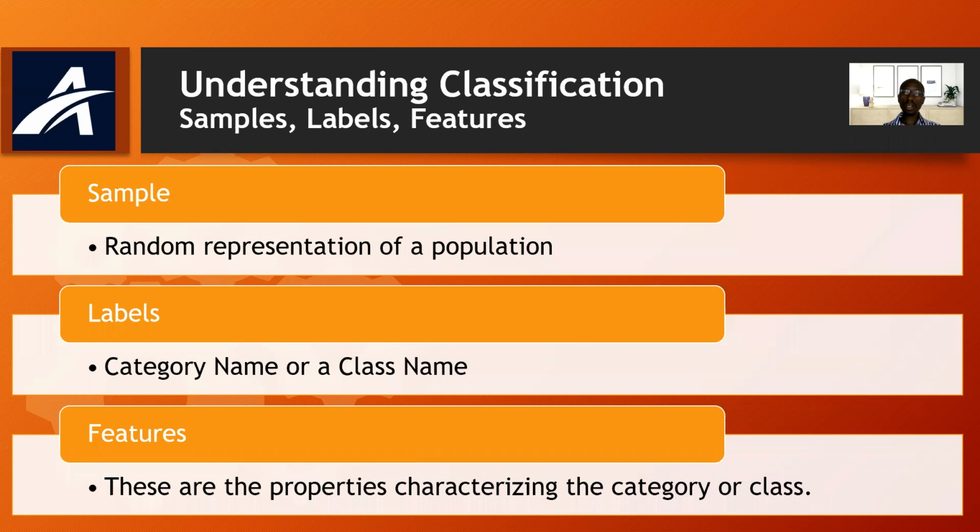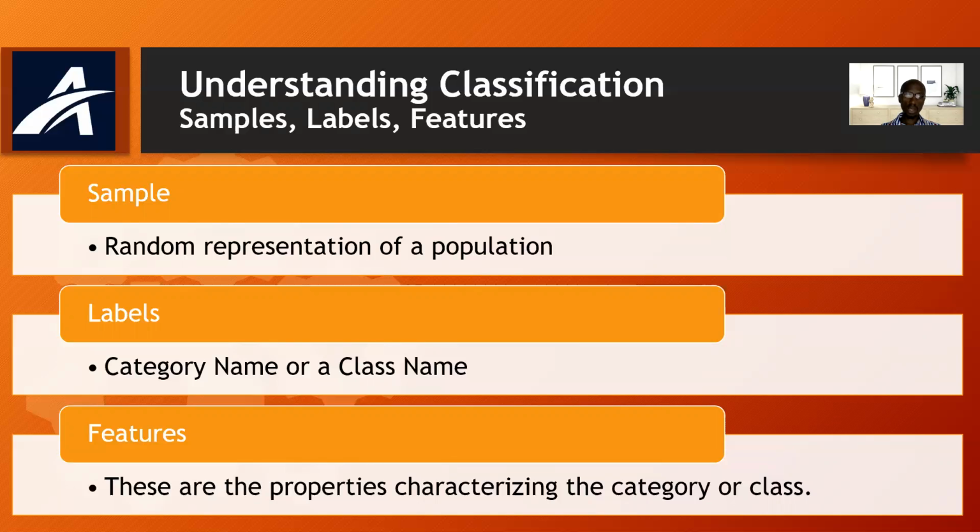So IRIS is a huge population. When you pick a certain number, like 200 out of the available IRIS flowers, then that number you've picked is the sample. It is randomized. You can decide to use a statistical technique to pick whichever samples you want for your studies.